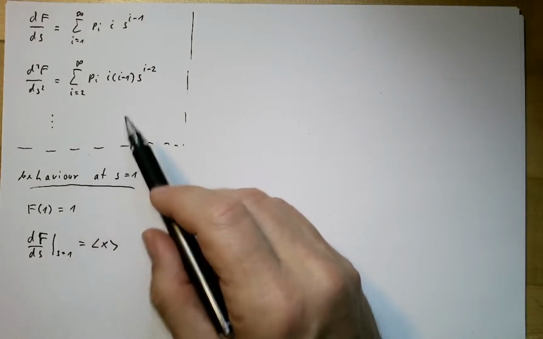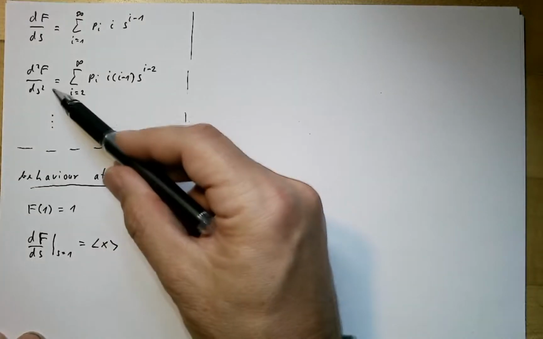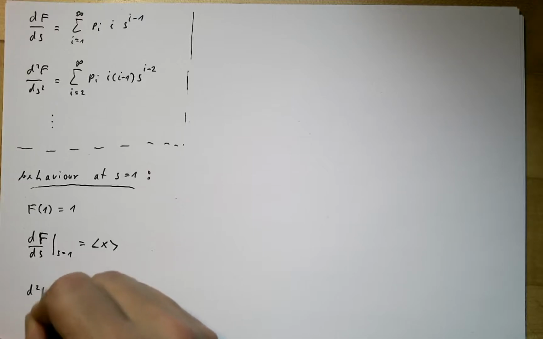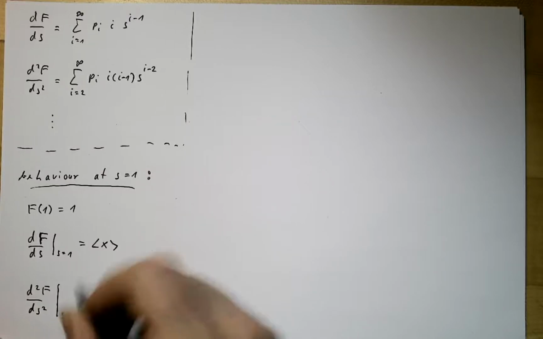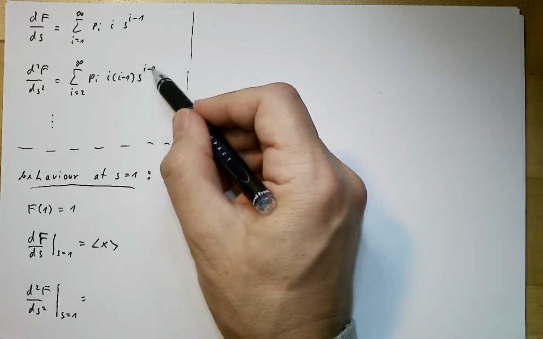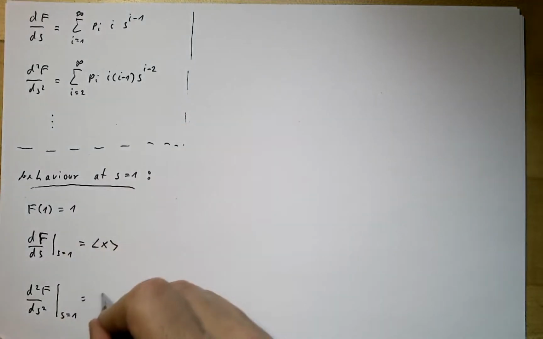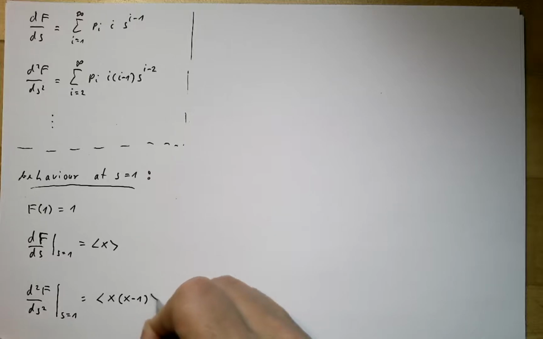And now we can see what we have with the second derivative. If we take the second derivative, d²f over ds² at s equal 1, this cancels. But this is the expectation value of x times x minus 1.